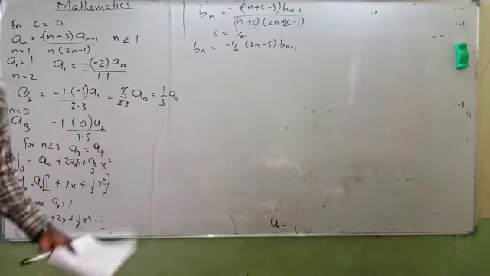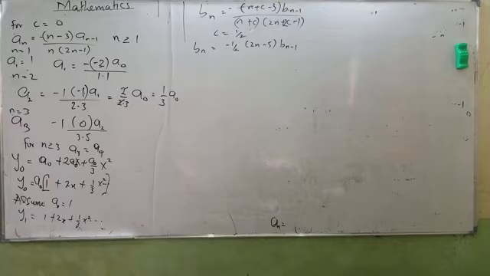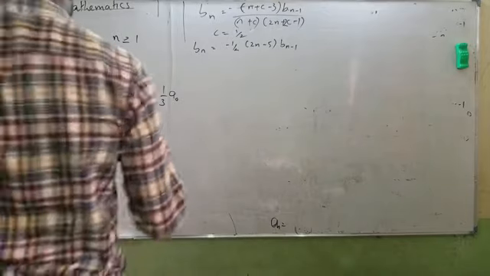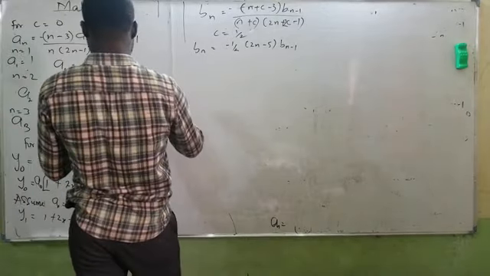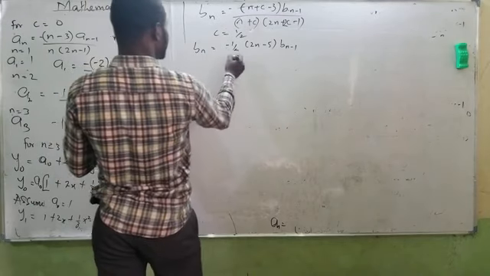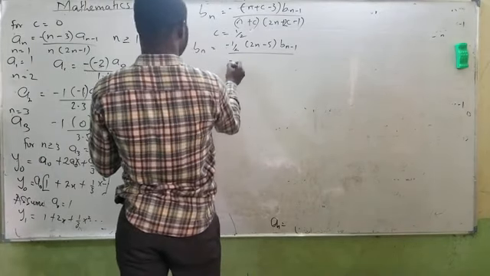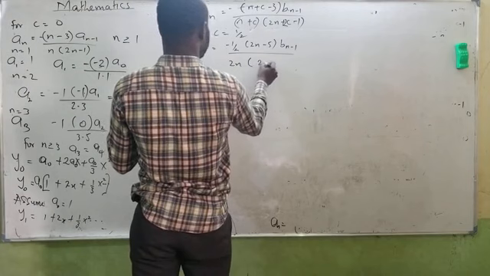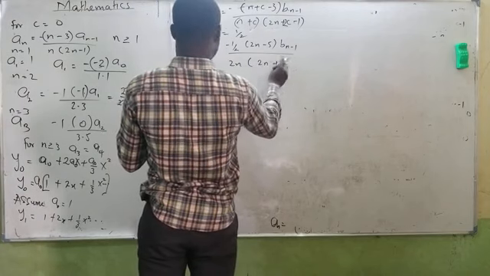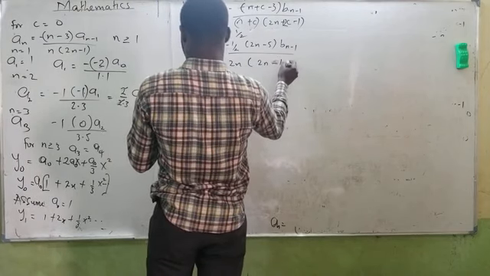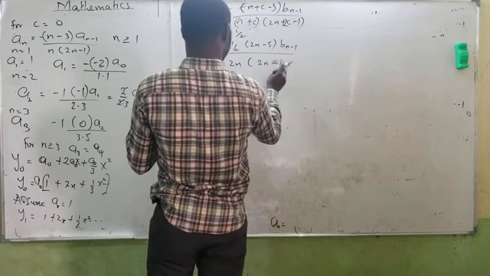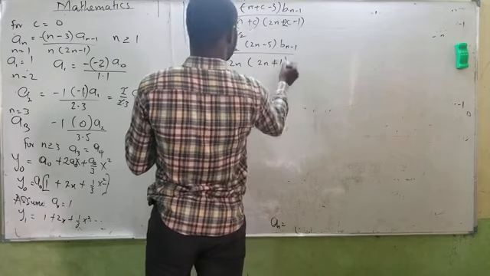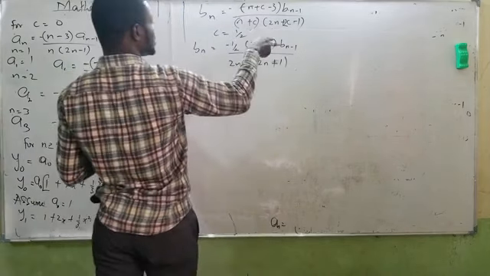Okay, now let me be very fast. Now I'll have my b of n. I think b of n will be divided by, I'll be having 2n bracket of 2c plus what? Minus 1. Is it plus 1? Plus 1. Okay.